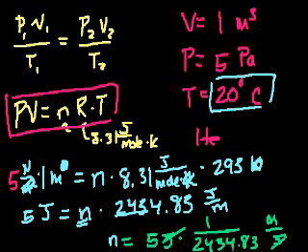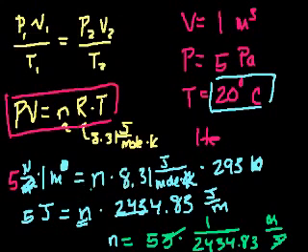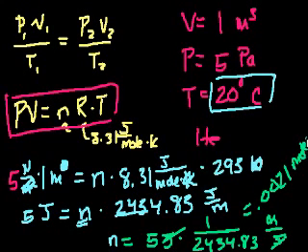So we just have to divide 5 by this, and we'll get the number of moles. So I get 0.0021 moles. Now that might seem like a small number to you, but let's figure out how many molecules that is.